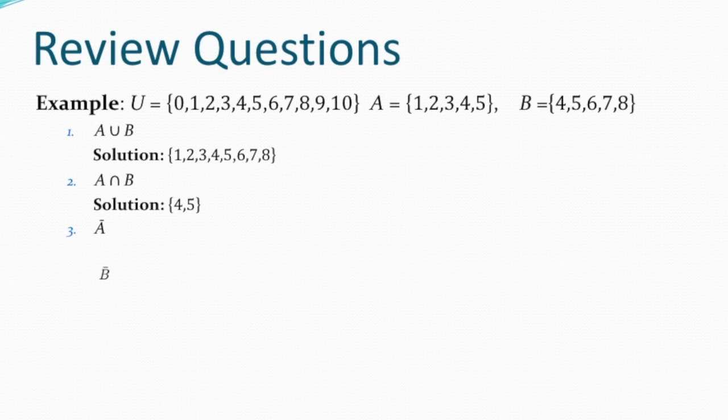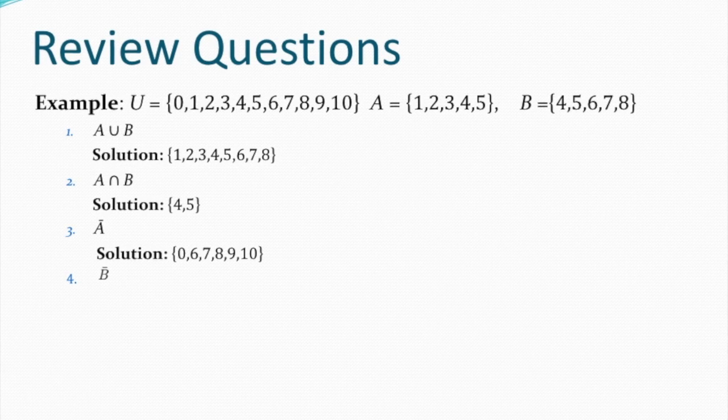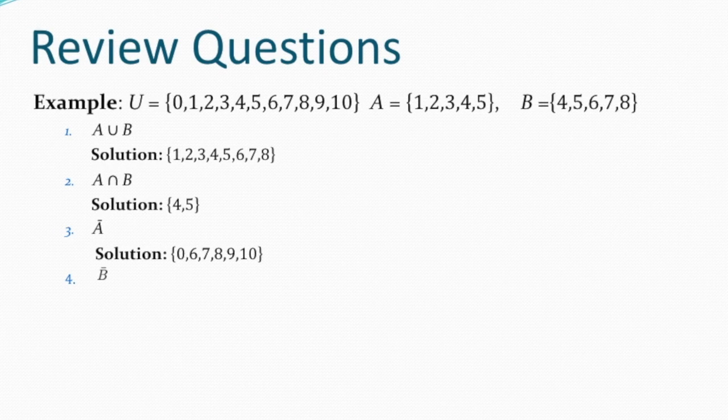Now the complement of A is everything in the set U and not in the set A. So we have to think about 0, which is not in A but is in U. Then we have 6, 7, 8, 9, and 10.